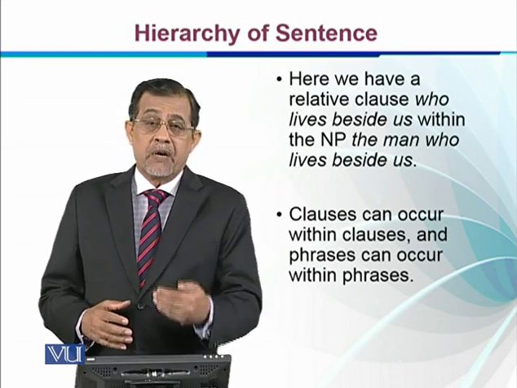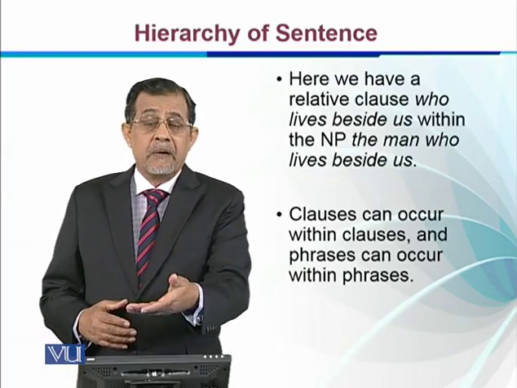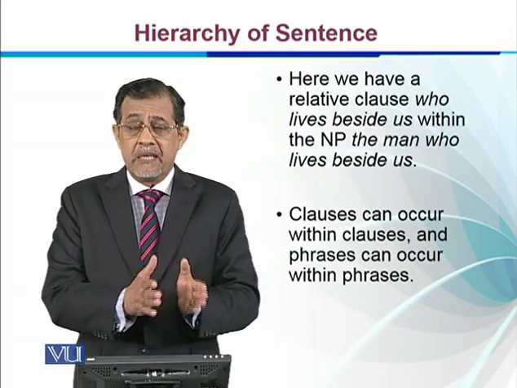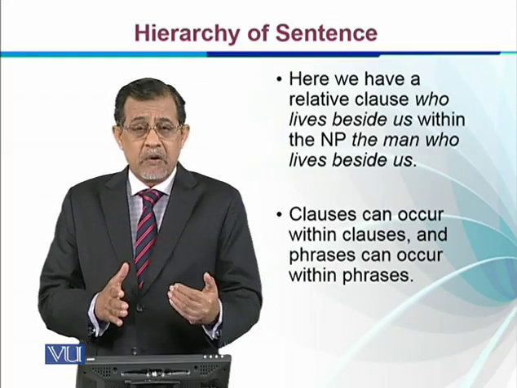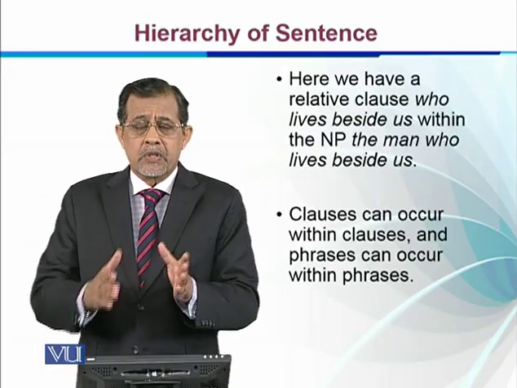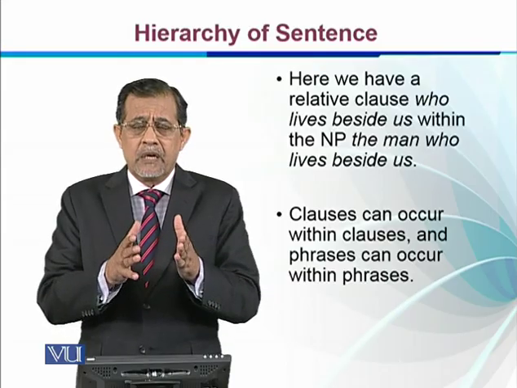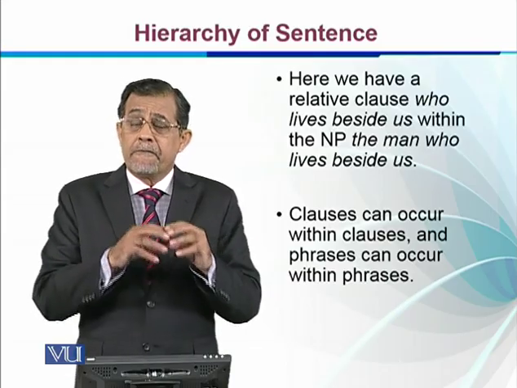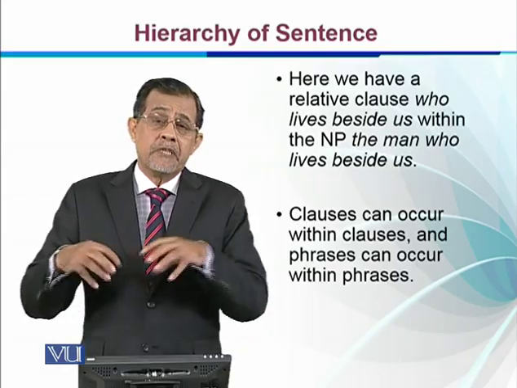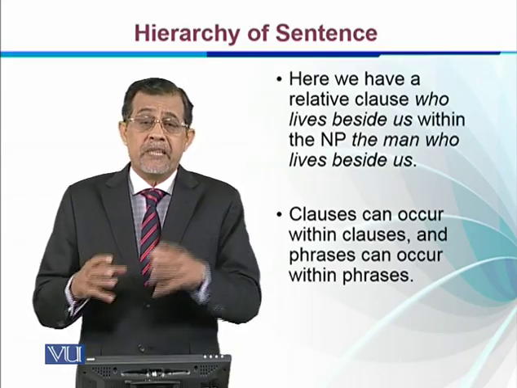So there can be one phrase that is the main phrase and it can have a subordinate phrase. Similarly, there can be one independent clause and then there can be a dependent clause. So this is how sentences in English go: a phrase can have more than one phrase within it, and a clause can have more clauses within it.